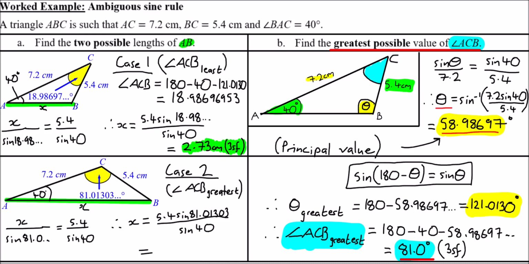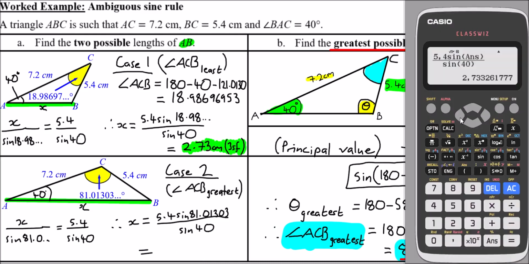So let's just work this out on the calculator. Same idea, but instead of sine of the previous angle, it's now 81.01303. Given that to 3 sig figs, that comes out at 8.30 centimetres.